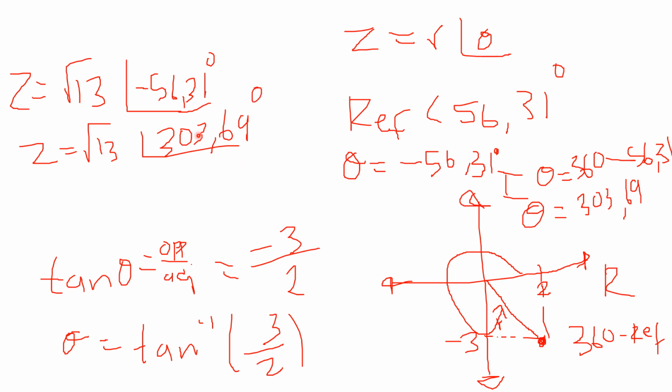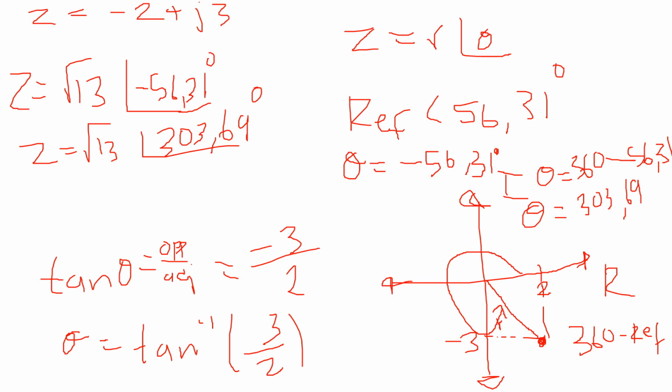Okay, please be careful here. Sometimes you might find, let me just put it this way, let's say for example your resultant is actually in the second quadrant. That means you will be having, let's say, z equals negative 2 plus j3.